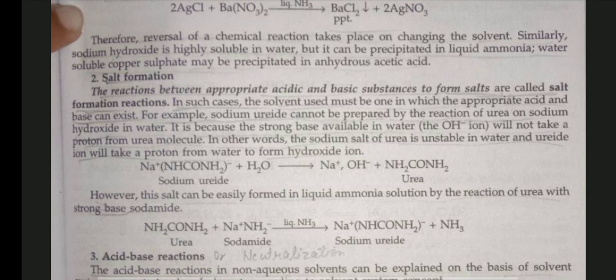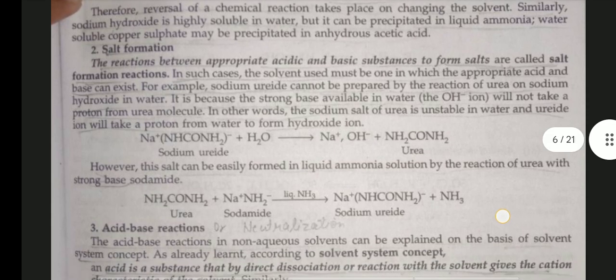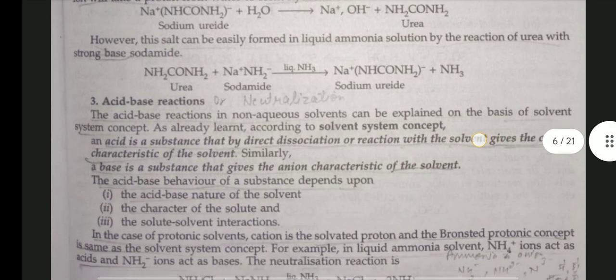In other words, the sodium salt of urea is unstable in water, and urethide ion will take a proton from water to form hydroxide ion. However, this salt can be easily formed in liquid ammonia solution by the reaction of urea with the strong base sodamide.